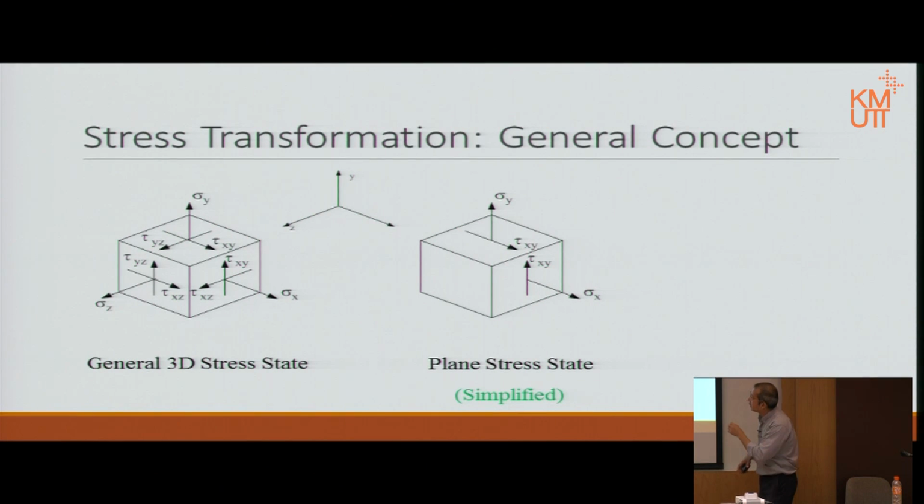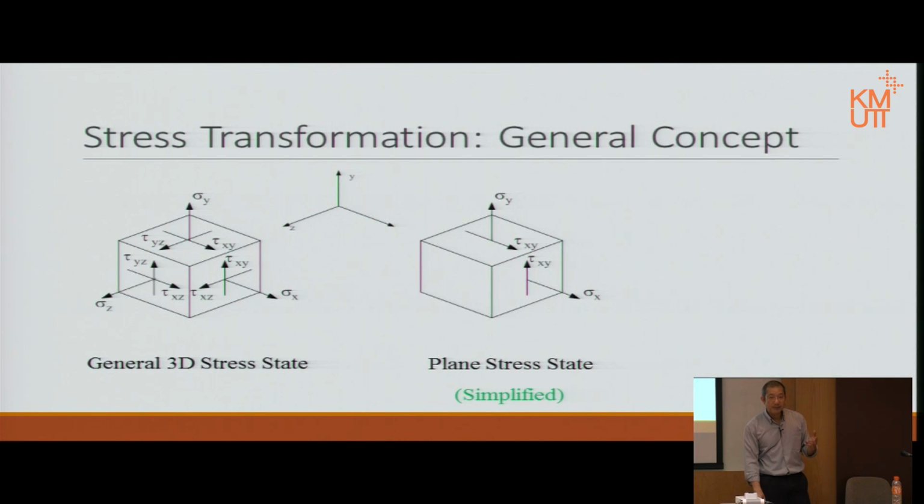Notice that this one will be associated with the axial stress that we know. That one is the transverse shear stress and longitudinal shear stress, of course, and that is normal on the top-down part. So we actually reduce the problem into the plane stress state, meaning we simplify it.